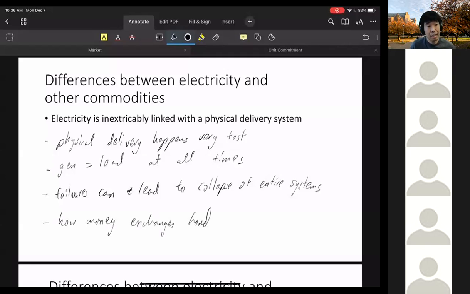At the end of the day, the electricity market actually has two jobs. One is to match supply to demand, so do resource allocation at a very fast time scale. The second is to guide how money exchanges happen. If you are a generator, how do you get paid? If you're a load, how do you pay people? So this is what the market does.